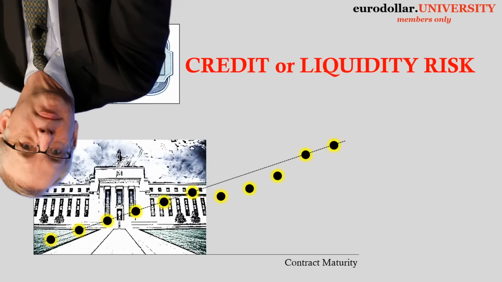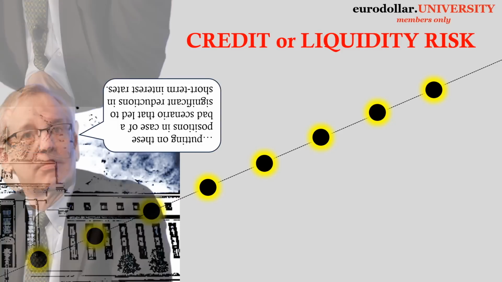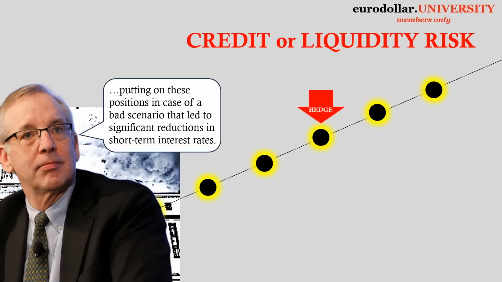Now, when we zoom in, we can see exactly why it is a mistake to be so flippant. For every individual trader who might want to hedge their perceived credit or liquidity risk using something like Eurodollar futures, there's an entire marketplace to take the other side. And as long as perceptions are balanced, then the market price of the contract isn't going to stray far from the accepted path.